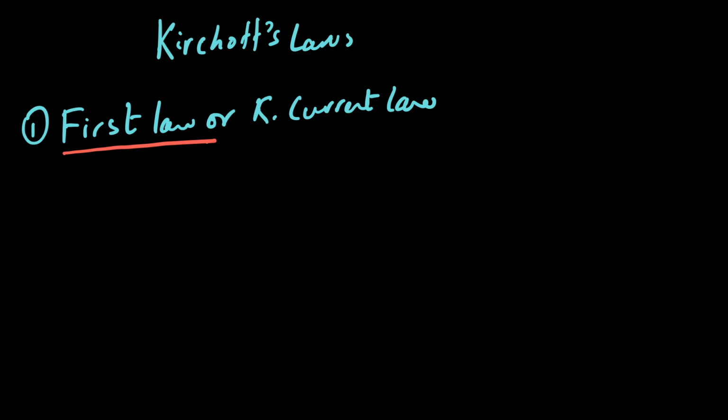Now, although the name is very daunting, I don't blame the name, but believe me, you've done this in O levels. And what is the concept? The concept is, let's say this is a point, okay? And you have a cell over here. And we connect this point with a resistor over here and a resistor over here.